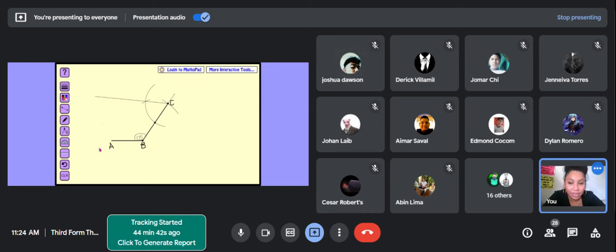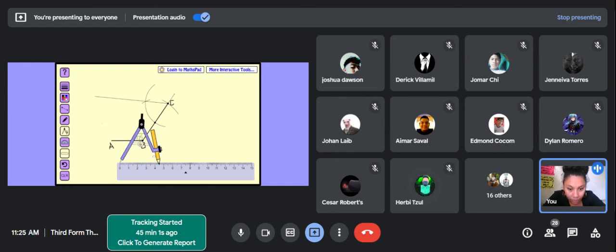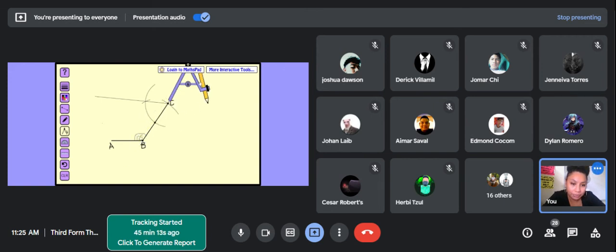Okay. You're going to take your ruler now and your compass, and you are going to measure 4.6. How much, miss? 4.6. And you set it at C, and you're gonna draw an arc on that line.